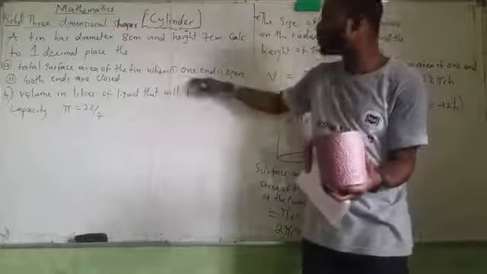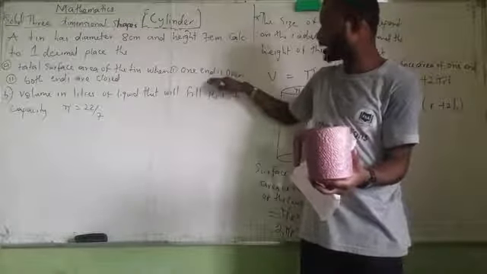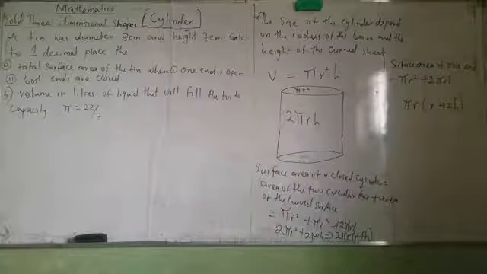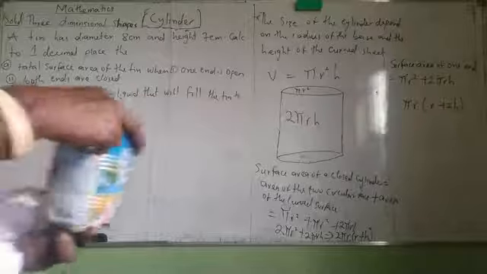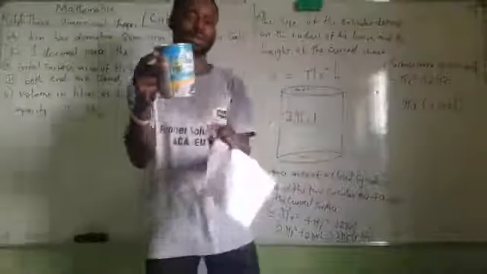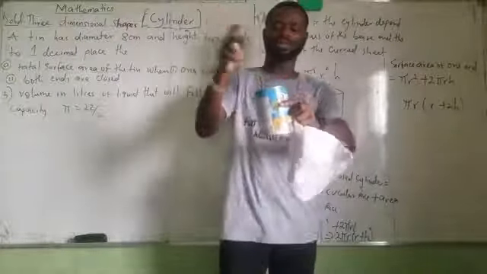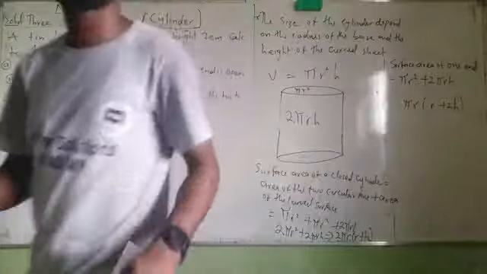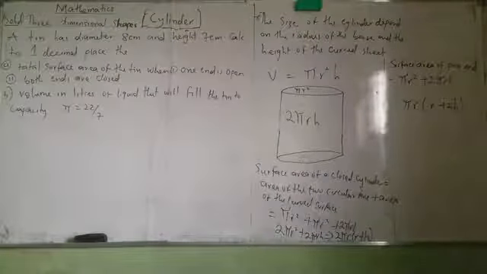That is why it's open. Now, two ends are closed. If the two ends are closed, it means I'm talking about something like this. It means no matter the amount of things inside this container, it won't go beyond this, it will be pressed down, and that's what I'm trying to work on. Now, can you see what is called open and closed?